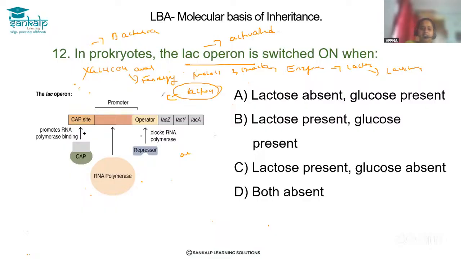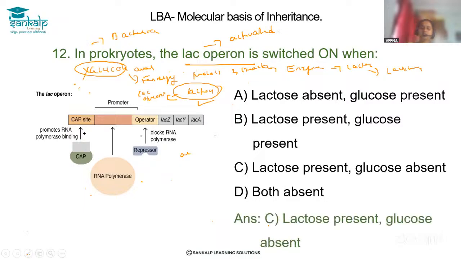For that, it will switch on the mechanism that is called lac operon. Okay, so the correct answer is when glucose is absent and lactose is available, the lac operon gets switched on. So the correct answer is C: when lactose is present and glucose is absent. Okay, so thank you.